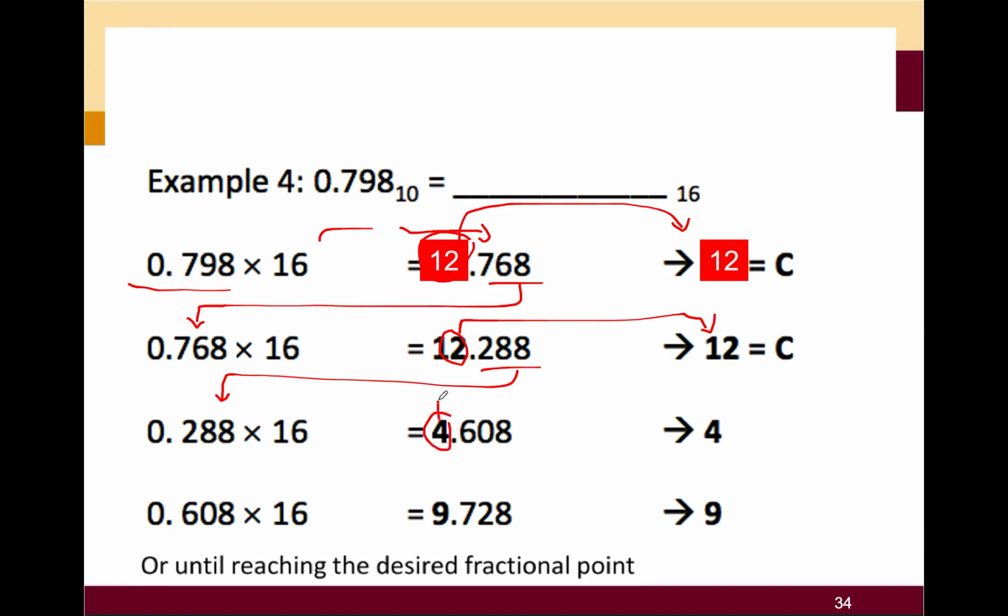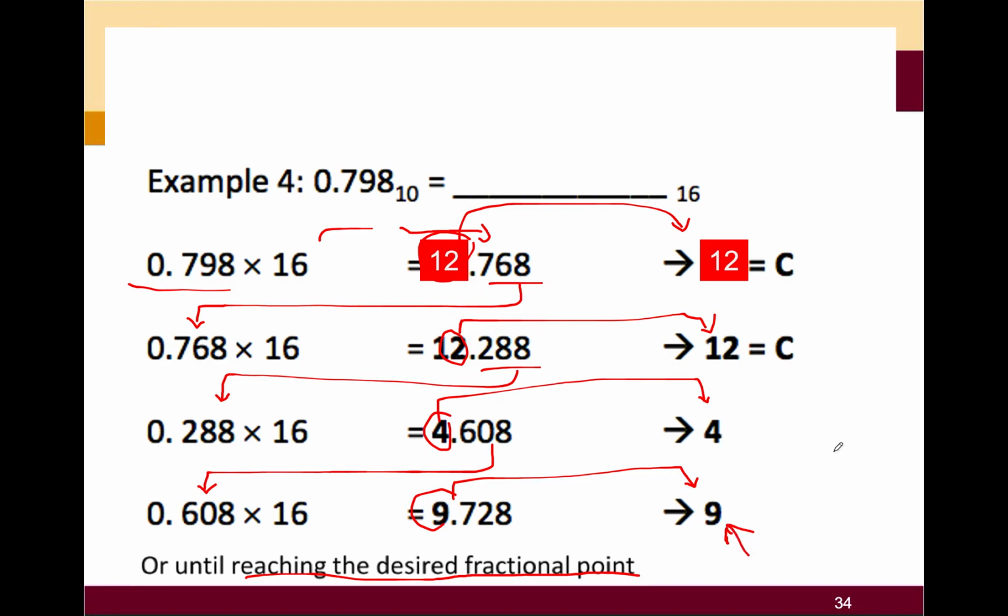And you will get 4.608. Take this out over here to your right, and this fraction number you need to multiply again with 16 until you get over here 9.728, and you bring it out, and this is the reach of the desired fraction point, which is the maximum value of the desired fraction point.